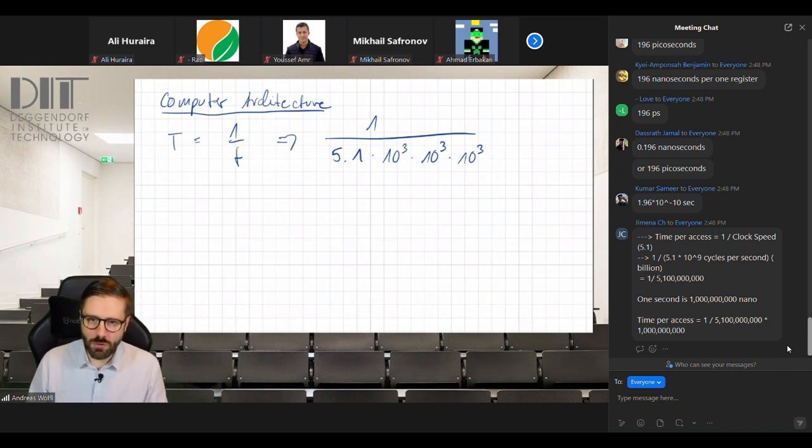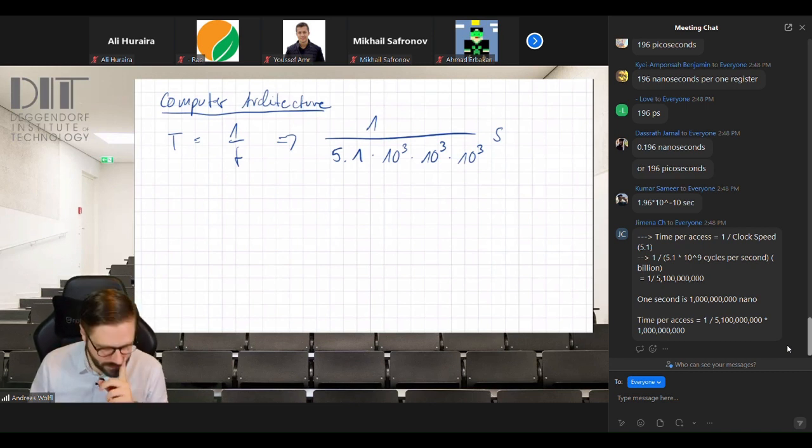Hertz is 1 instruction per second. So what we must not forget is the unit, which is seconds. So basically, the answer is 1 over 5.1 times 10 to the power of 9 seconds. This is a very small number, but this is it.